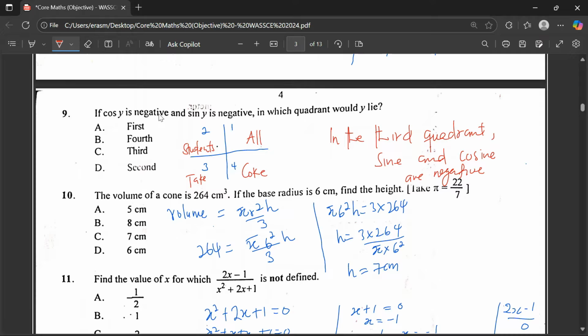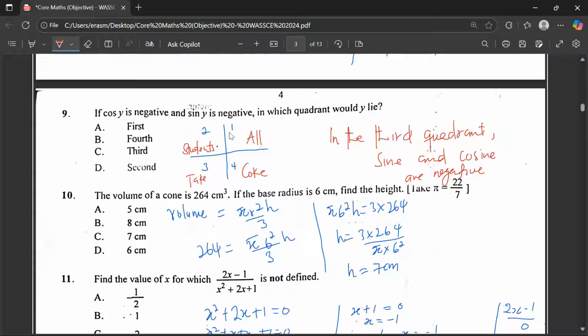If cos y is negative and sin y is negative, in which quadrant would y lie? Considering the x and y plane, this is the first quadrant, this is the second quadrant, the third, and then the fourth.